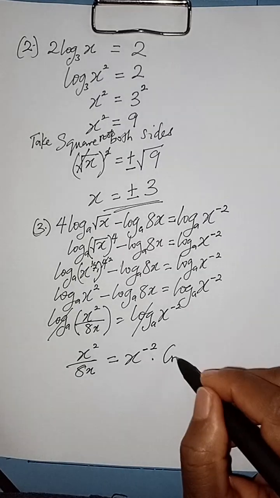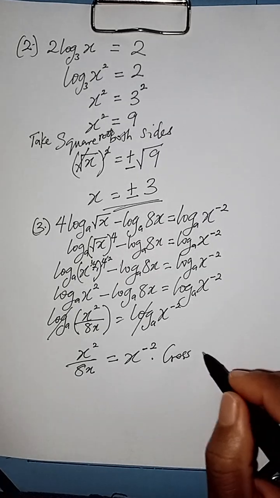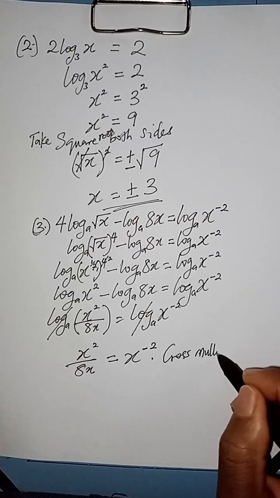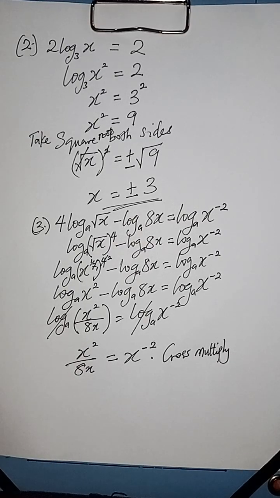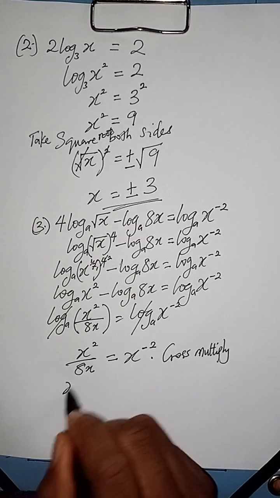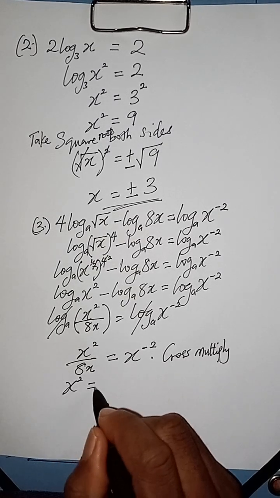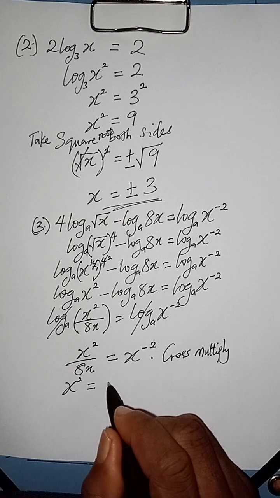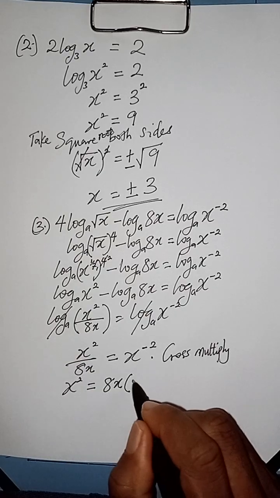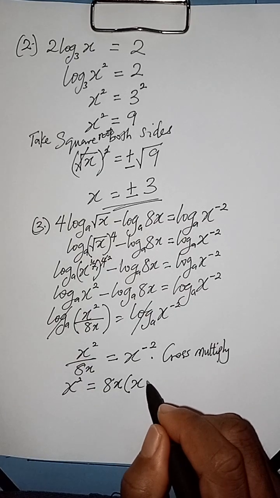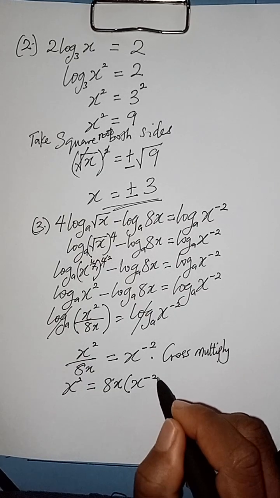At this point, you will cross multiply. Remember that? And if you cross multiply, what will this give you? It's going to be x squared equal to 8x times x raised to power minus 2.